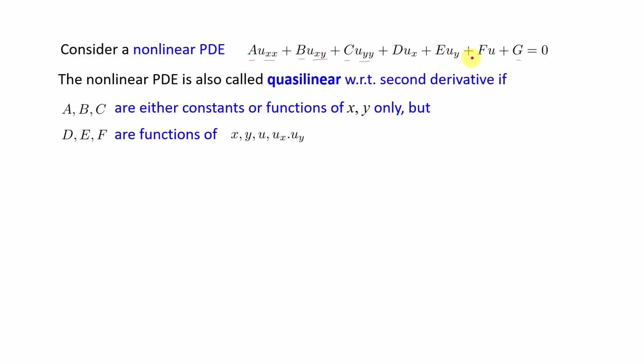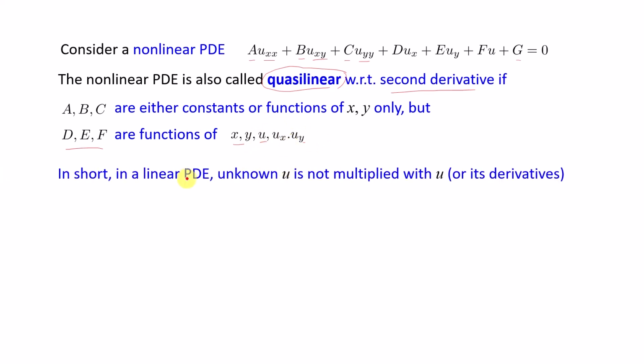This type of partial differential equation is also called quasi-linear with respect to second derivative if a, b, c are either constant or functions of x and y only, but d, e, f are functions of x, y, u as well as first derivative. This quasi-linearity means that the highest order of derivative is sort of linear, but then the lower derivatives may have certain nonlinearities.